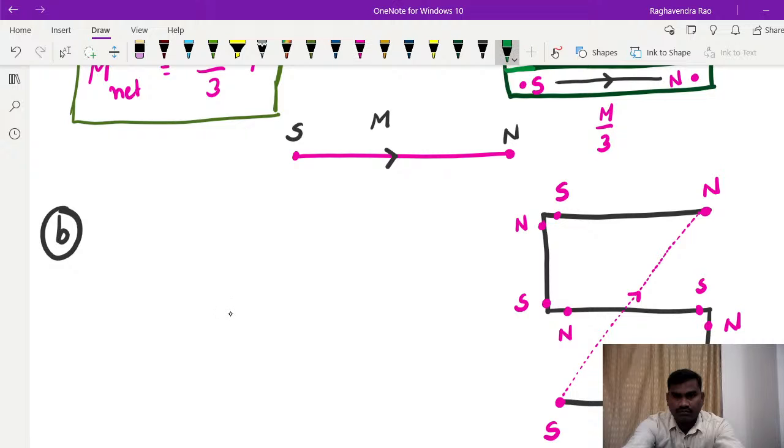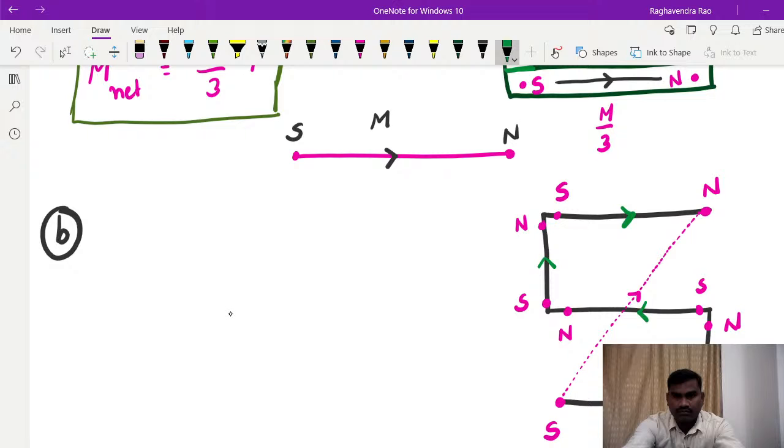The magnetic moment is directed from south to north in each part. So these are the magnetic moments of each part of the magnetic dipole because of bending.